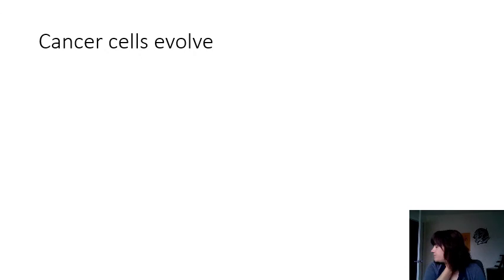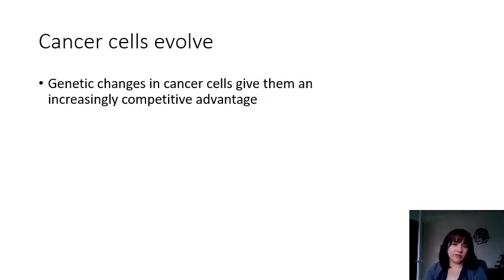Now, I want to talk about how cancer cells can evolve, all right? So this is one reason why cancer can be difficult to treat. So say you get a mutation and it happens to be not just in some random gene, but in the DNA repair system. So not only do you have a mutation, but now the system that is supposed to fix mutations is broken. That means that they are going to start getting more and more mutations even more quickly that aren't fixed.